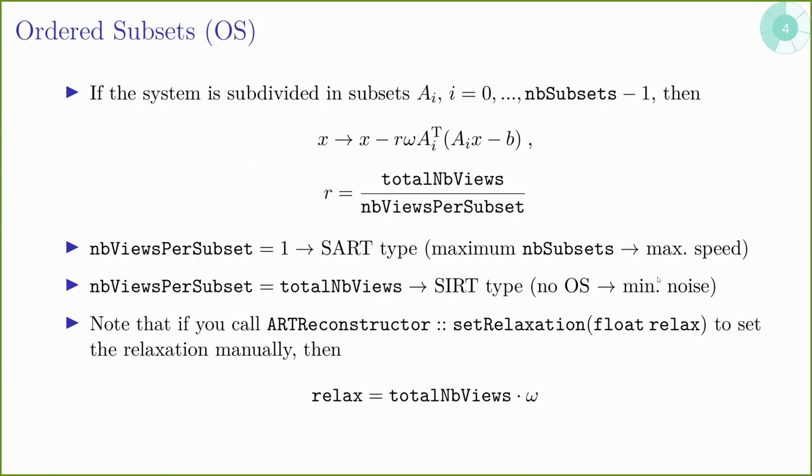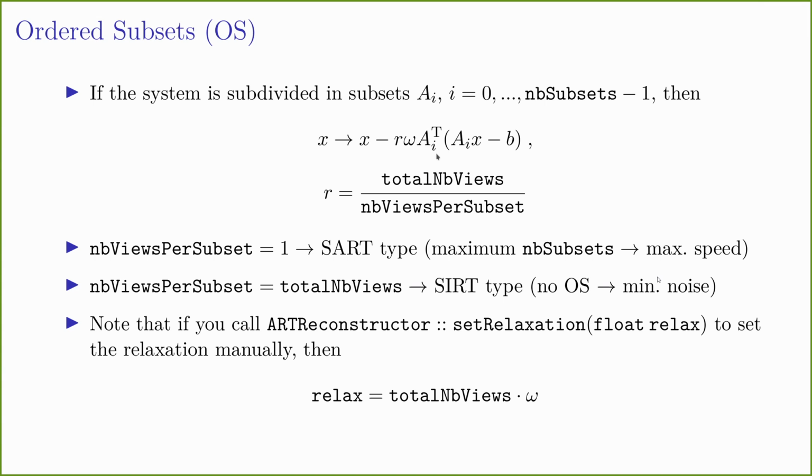Okay, and what happens if we introduce our subset scheme, which is used by default, as we have seen? What we do is, in this language, we subdivide our system matrix into subsystem matrices, into blocks. And we separate it into a number of subsets. And we update our vector X by just using one of these subsets.